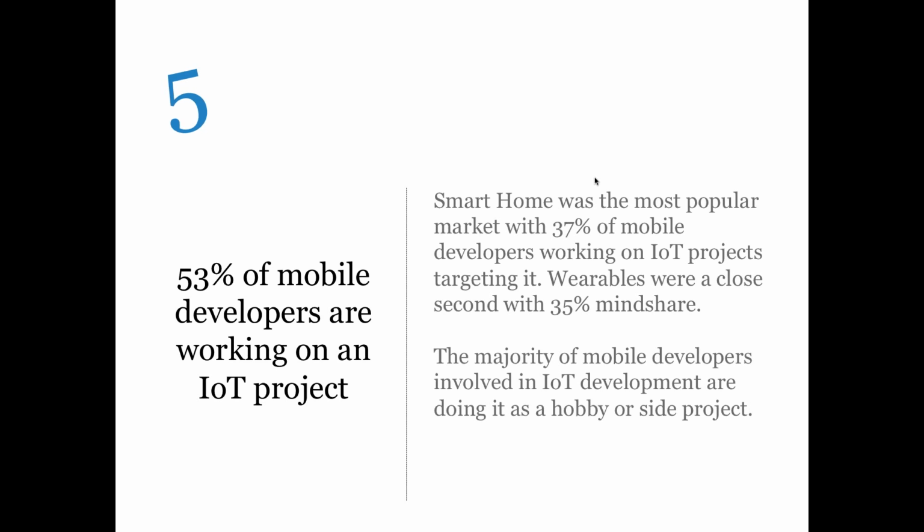And we see already that 53% of mobile developers are working on an IoT project, which is a very, very large percentage. And in terms of most popular verticals, we have smart home with 37% of mobile developers, followed by wearables at a close second.